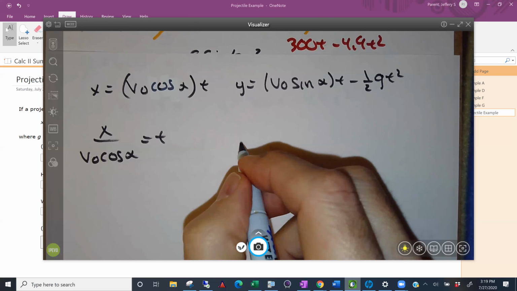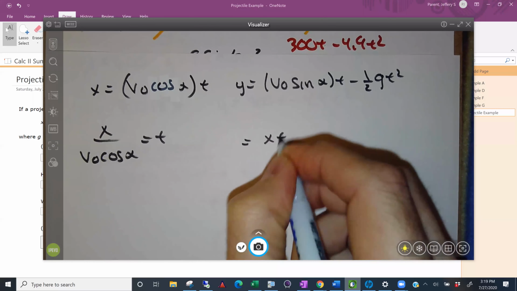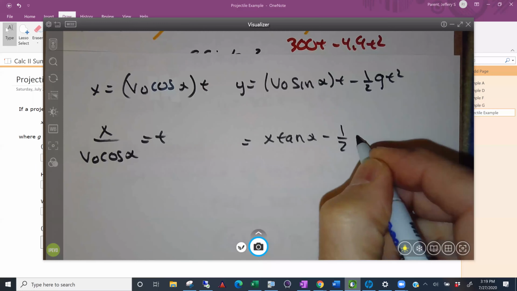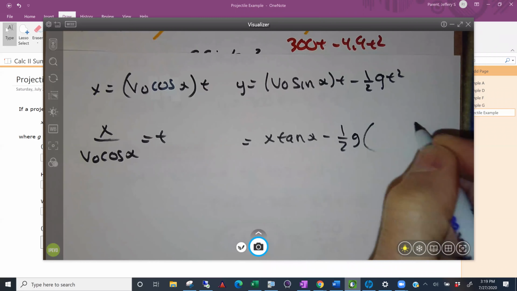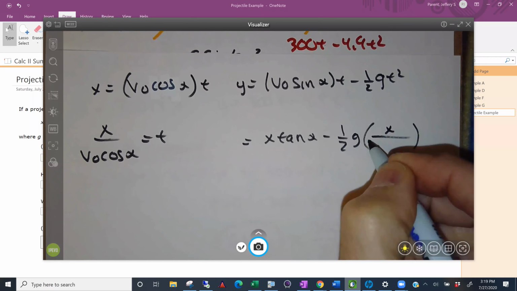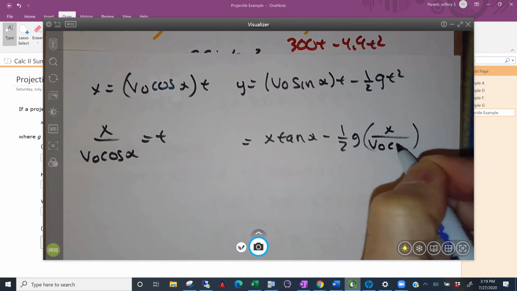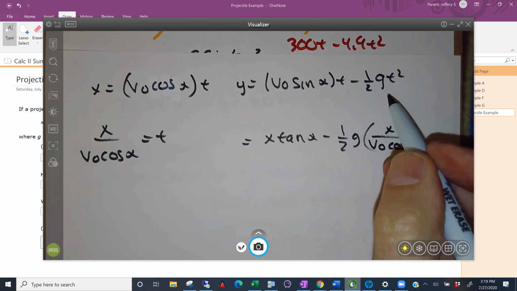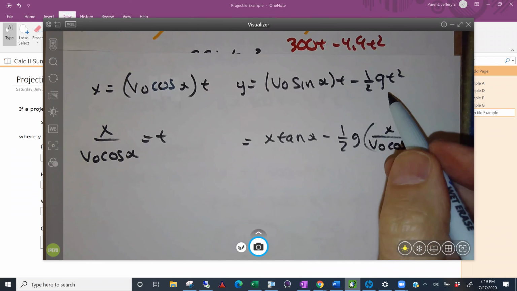So what we'll be left with here is x tangent of alpha. 1/2 g and t squared, that's just going to be x over v naught cosine of alpha. And I think, am I missing another v naught here? No.